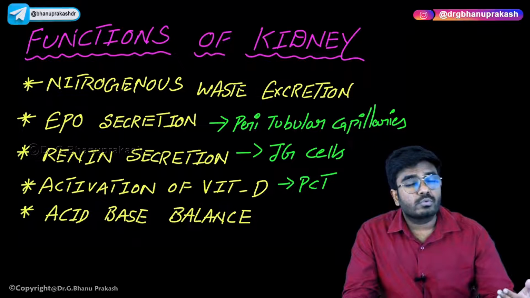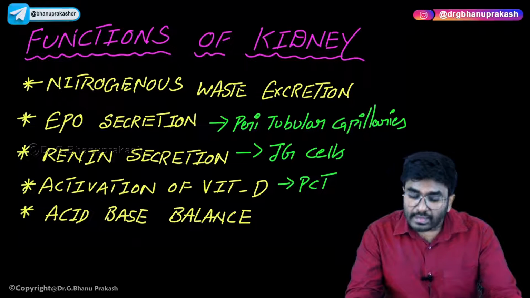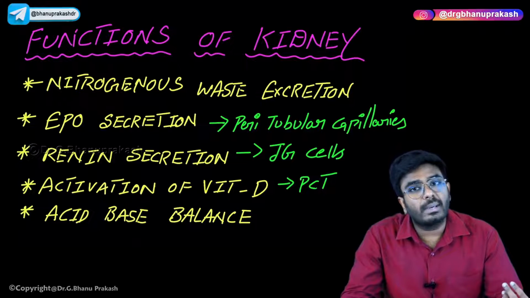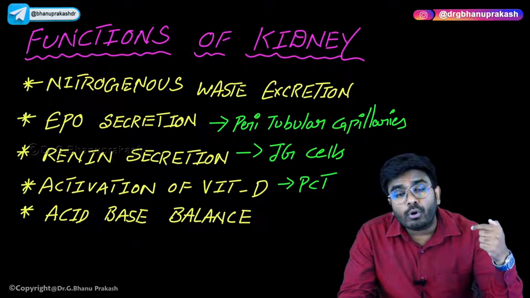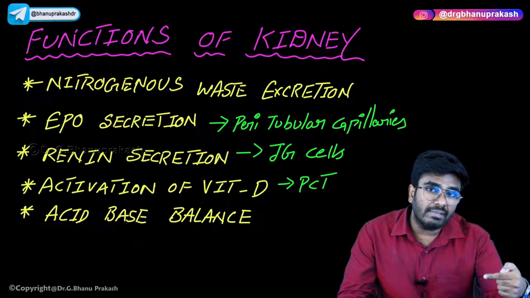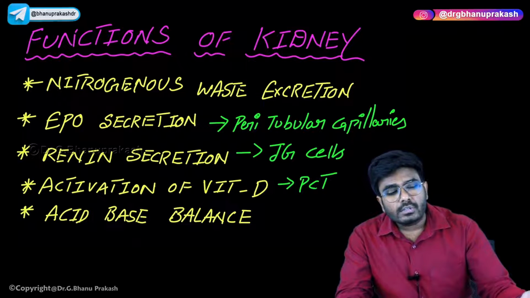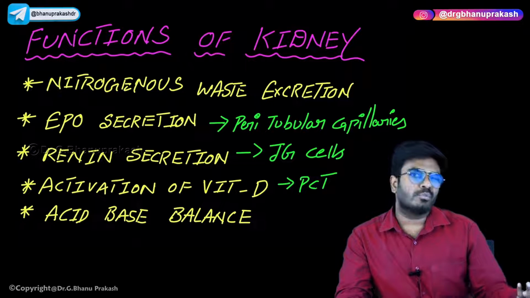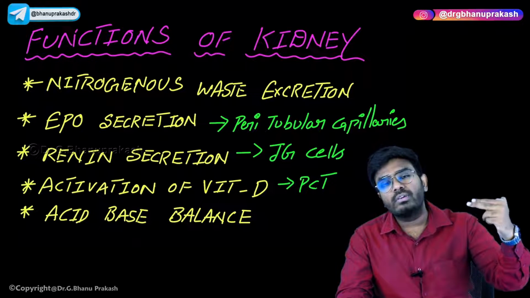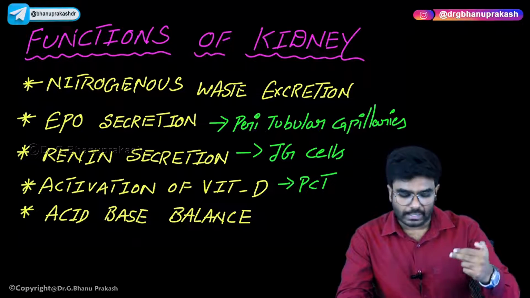It is going to take place in the kidney, again where? In the PCT of the nephrons. PCT means proximal convoluted tubules. In the proximal convoluted tubules of the nephrons, the inactive vitamin D will be activated. Activated vitamin D helps in the absorption of calcium and phosphorus. We will discuss in detail about how vitamin D synthesis happens later on.